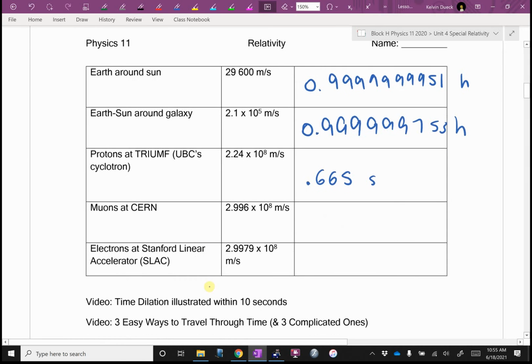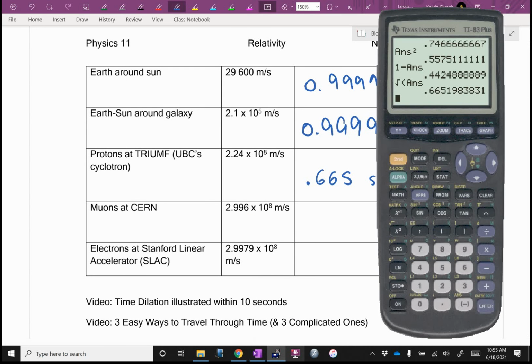CERN, which is in Europe, gets muons to accelerate at 2.996 times 10 to the 8th meters per second. So let's crunch that one. 2.996, scientific notation button 8, divided by 3, scientific notation button 8, squared. 1 minus that, square root of that.